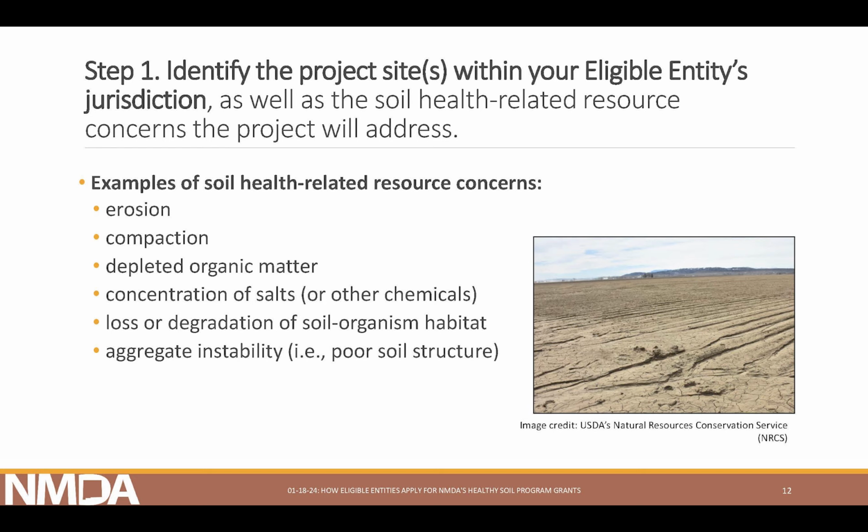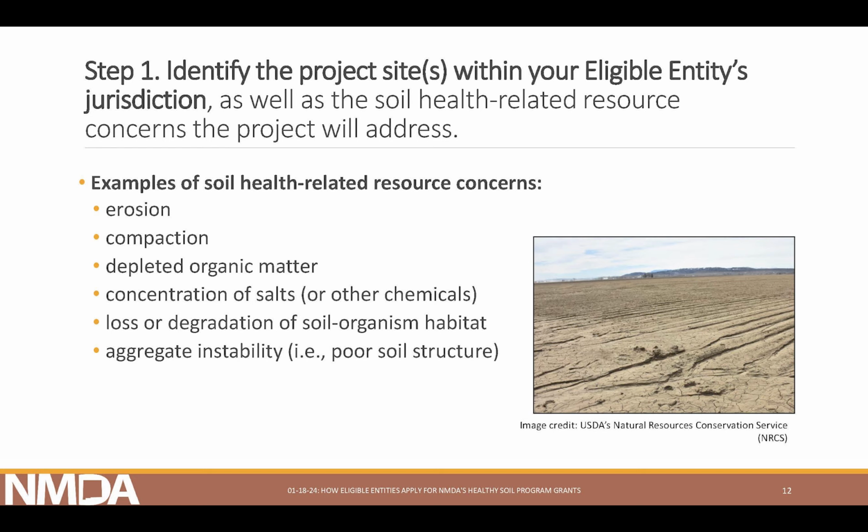Because your local NRCS office has a wealth of information on the natural resource concerns within their area. They can help you identify those soil health related resource concerns. NRCS has 35 local service centers in New Mexico, and there's a link right there that can be provided later to help you find your local service center if you don't know where they're at.